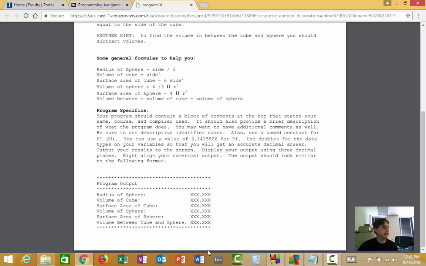Name them things like side or radius or sphere radius or whatever. Use a constant for pi. Use doubles for your data types, so you'll get an accurate decimal answer. Output to the screen to 3 decimal places. So again, left align your text, right align your numbers.